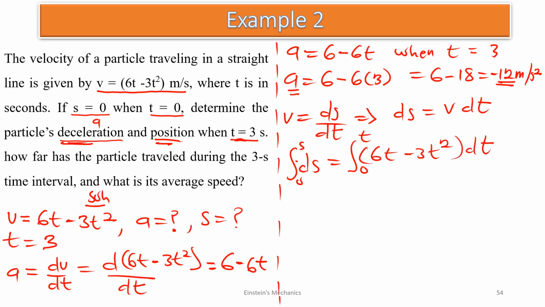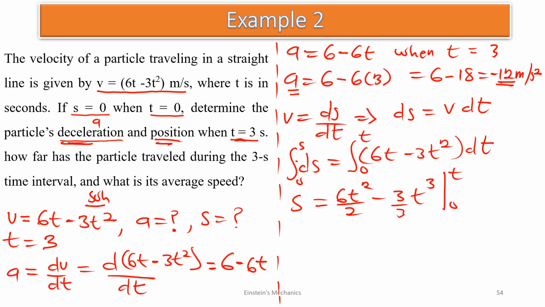This is going to give us x, and if we integrate this part, we are going to have 6t squared on 2 minus 3 on 3t cubed. The integral has limits of 0 to t.